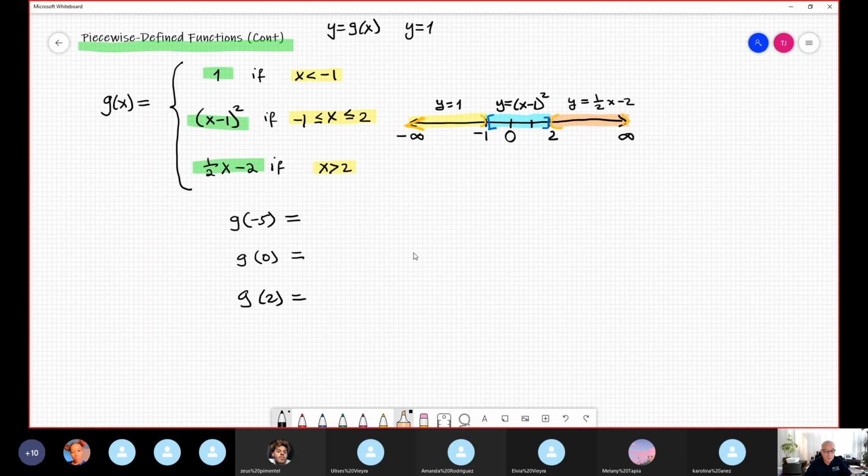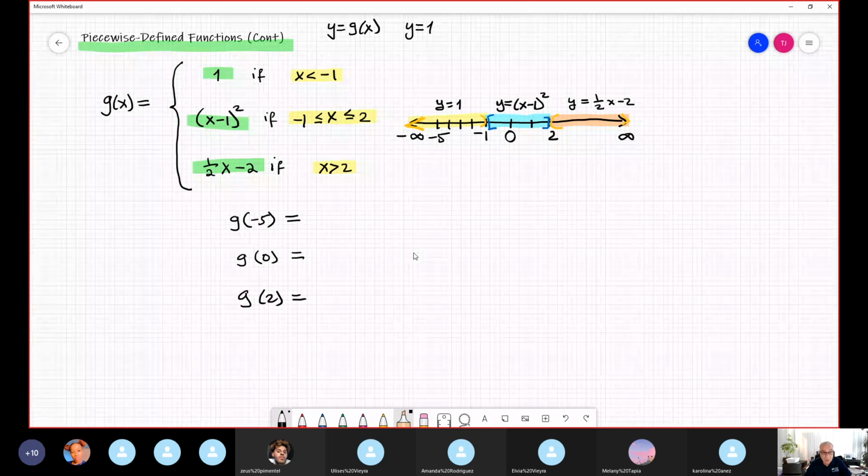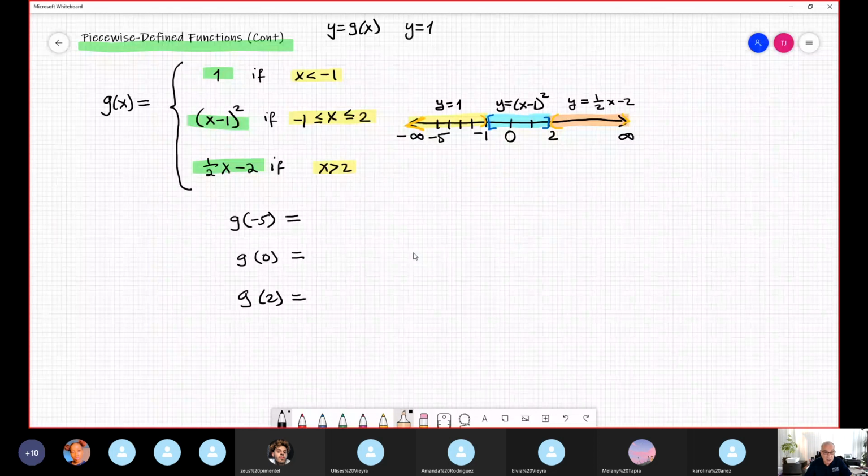So remember, -5 is located here: -2, -3, -4, -5. This is -5, and -5 is located in the yellow interval. And the yellow interval is associated with the piece y is equal 1, and the answer is just 1 without doing anything. Only selection, and that's it.